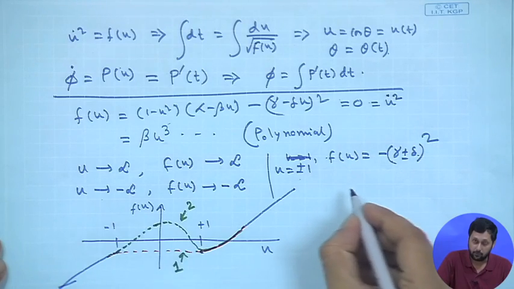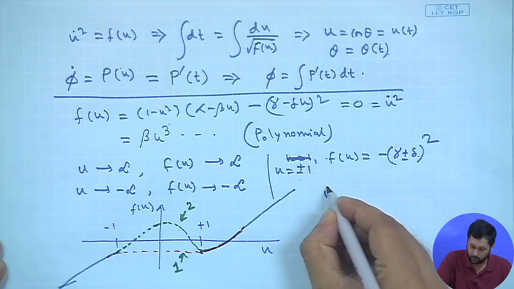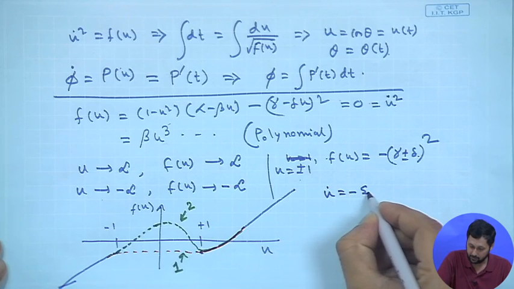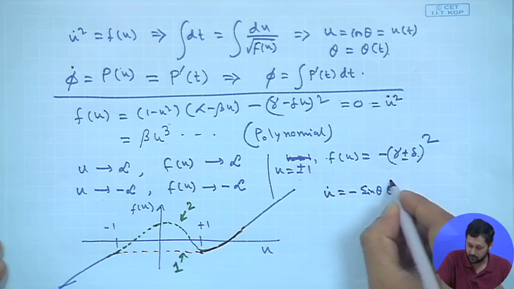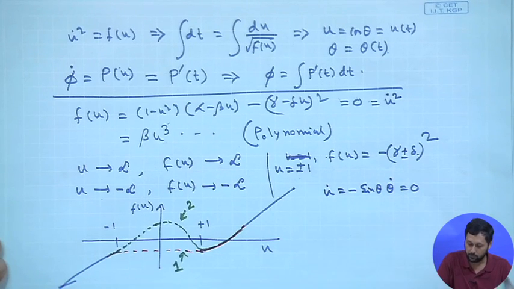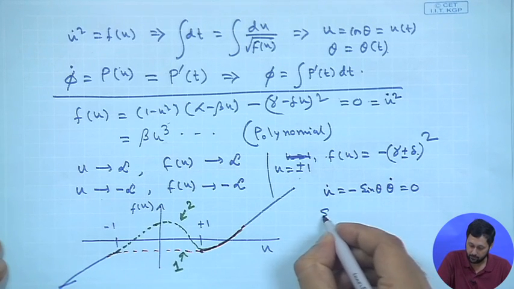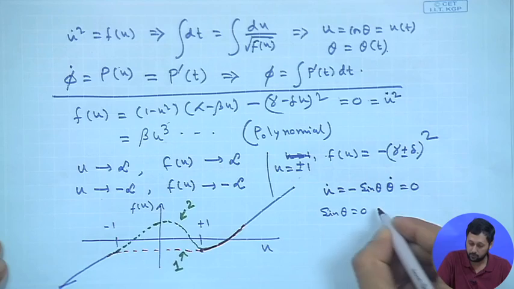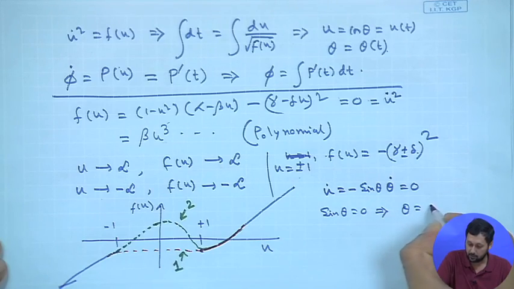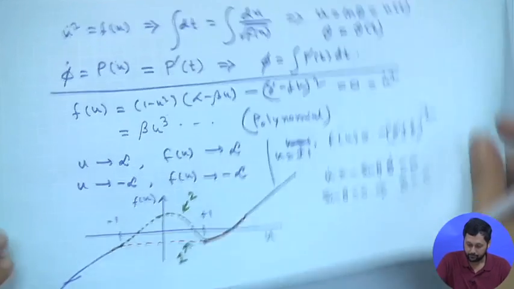Okay. Now, let us try to understand this once again. Now, when I say u dot is equal to 0 in the expression of f(u) equal to u dot, okay. So, if u dot is equal to 0, if you recall, u dot is equal to minus sin theta theta dot. So, if this is equal to 0, we can either have sin theta equal to 0, which implies theta equal to 0, okay, because theta is what?